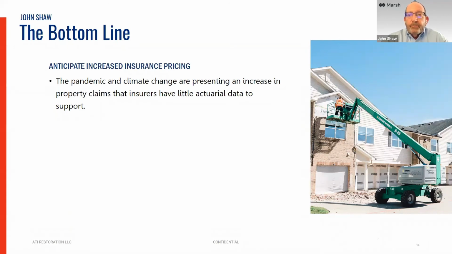It is a volatile time. Insurers are aware of that, and being able to work with them as your partner in order to get through these considerations regarding material and labor are essential.